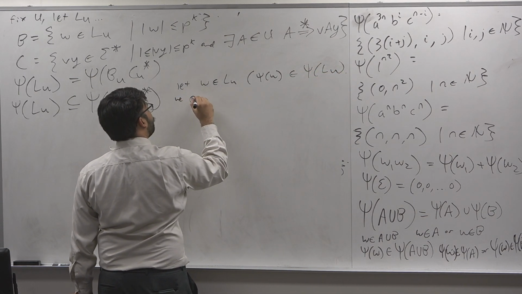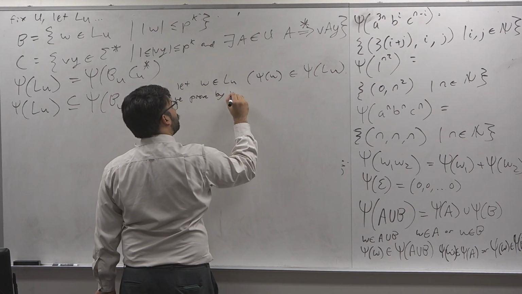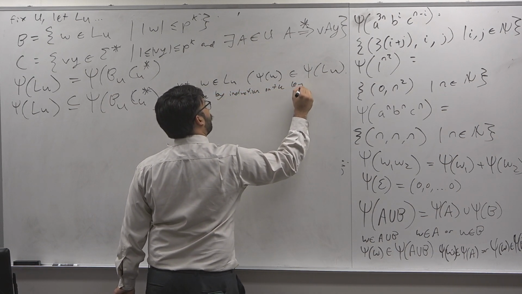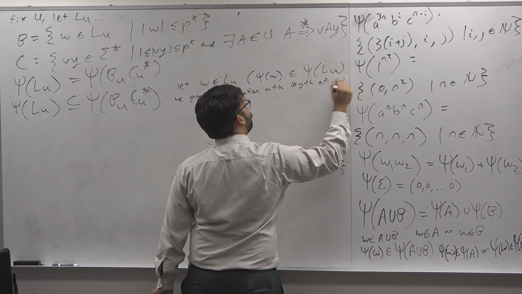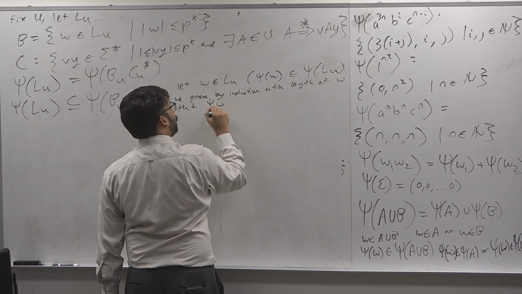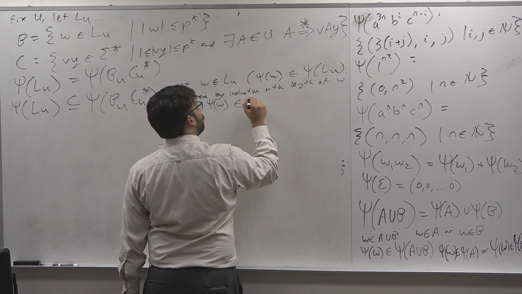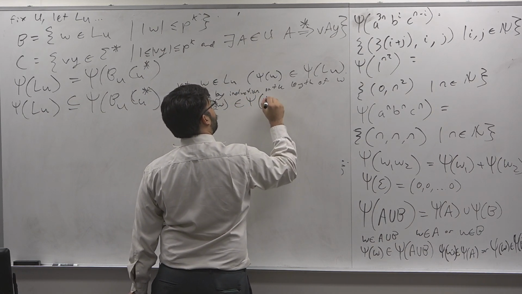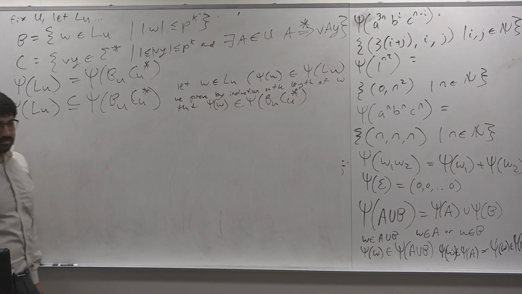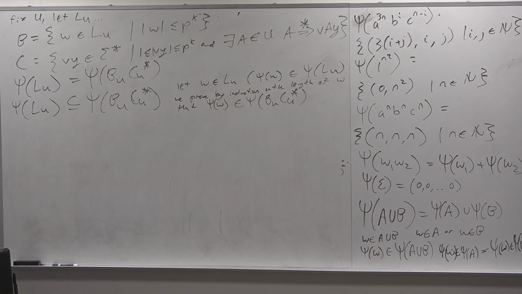We prove by induction on the length of W that the frequency of W will be in the frequency BU CU star. If we can prove that, we've proven our one direction of our double set containment, right? So we proceed by induction on the length of W.